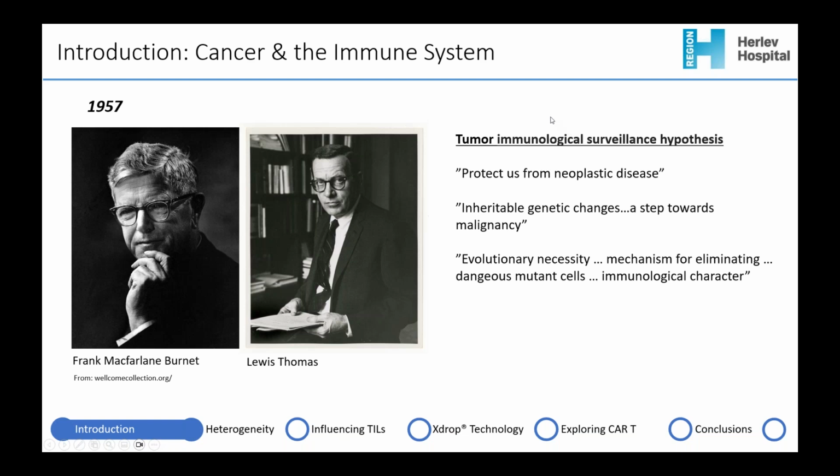They were mainly coming at it from the tumor and the cancer perspective, right? They realized that there must be some mechanism that's protecting us from neoplastic disease. And with every inheritable genetic change, it's a step towards malignancy. It has to be an evolutionary necessity that we have mechanisms for eliminating dangerous and mutant cells. And they reasoned that this must be of some immunological character. So they essentially dubbed the immune system the natural predator of cancer.